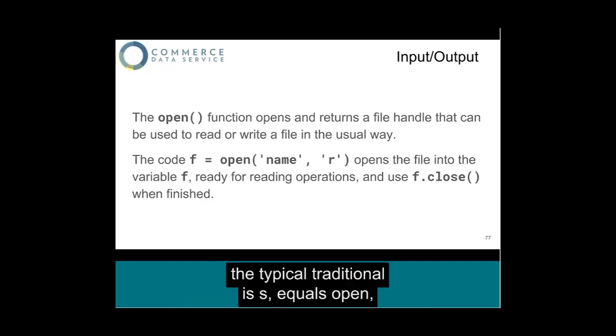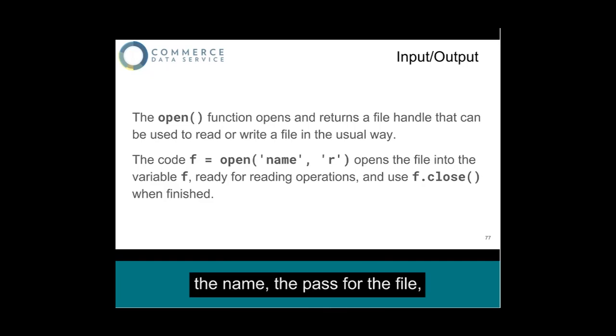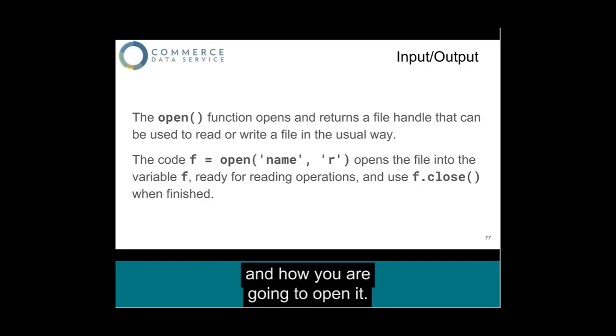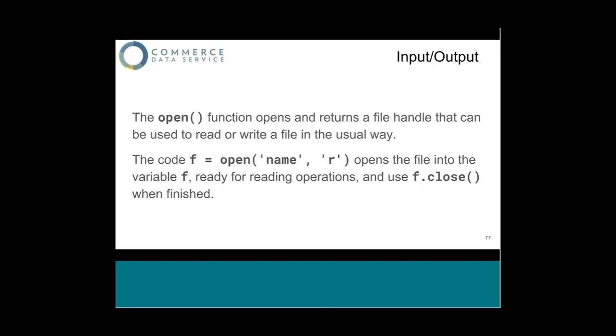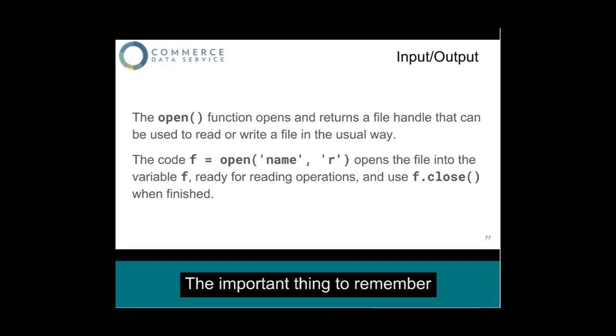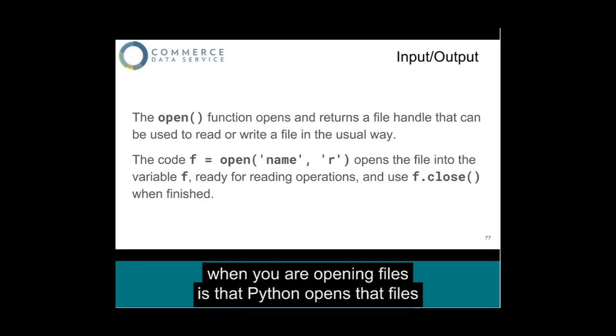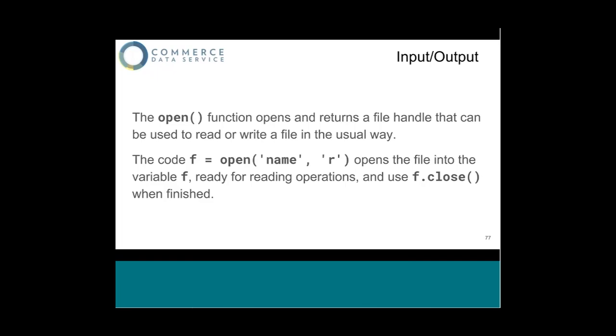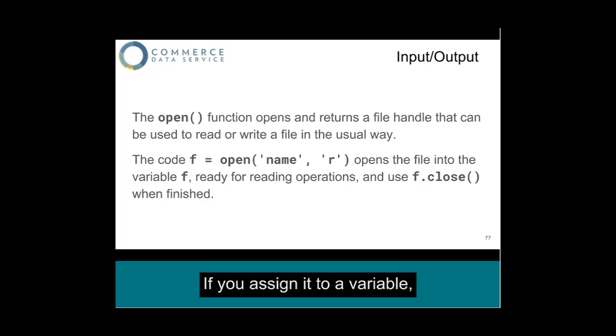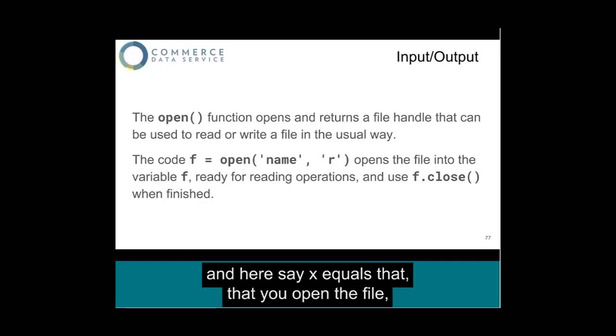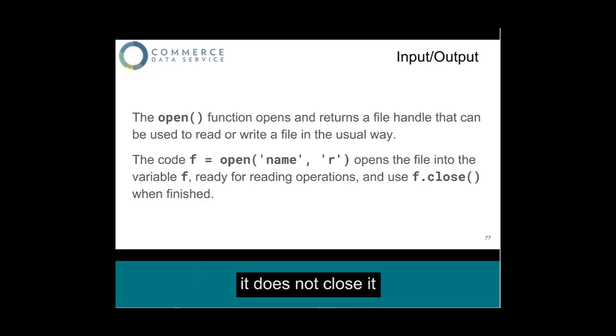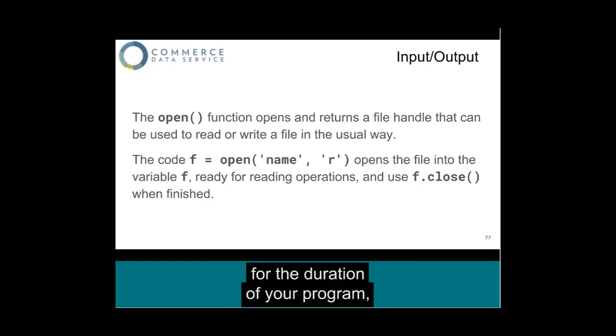So the typical, traditional way is f equals open, the path to the file, and then how you're going to open it. Now the important thing to remember when you're opening files is that Python opens that file and does not close it. If you assign it to a variable, saying f equals the file you open, it has not closed it for the duration of your program.